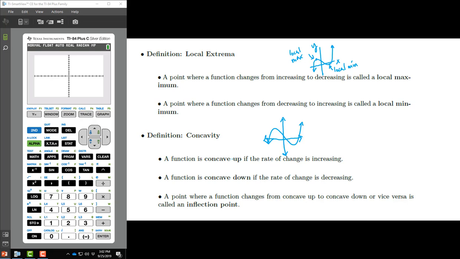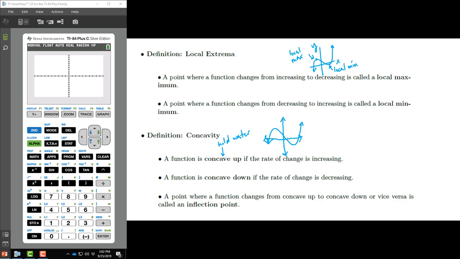So when we talk about concave up, a good way to think of this is it's concave up if it would hold water. That's a nice way to think of concave up. You can imagine over in here, I could pour water in and it would actually hold water. Whereas in this part of the graph, if I poured water over it, it would just run down the sides.